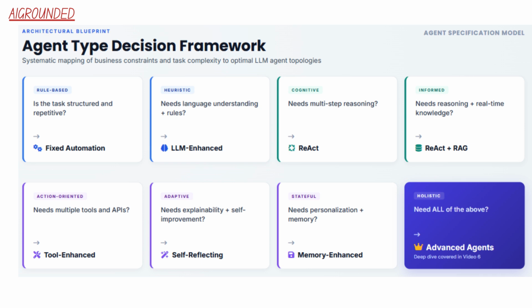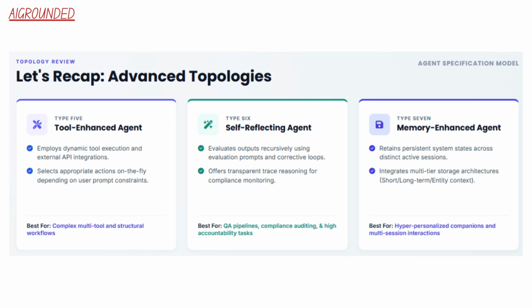Tool enhanced. Does it need to explain its decisions and improve over time? Then self-reflective agent. Does it need to personalize based on remembered user history? It is memory enhanced agent. And if your use case needs all of these capabilities combined, you are looking at the most advanced agent architectures, which we will touch on as we continue through this series.